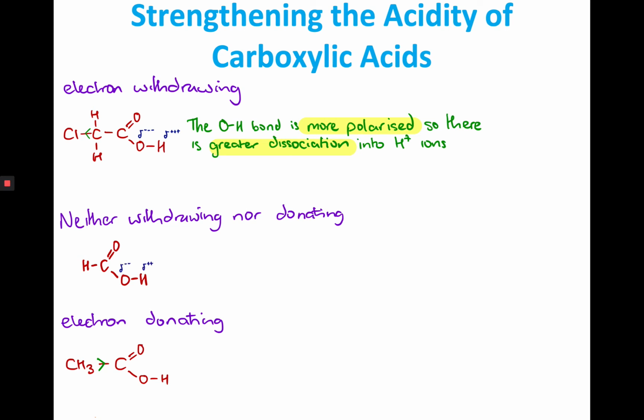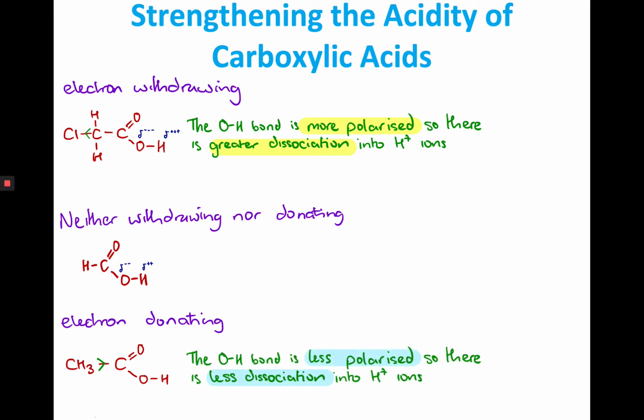With the methanoic acid, we're not talking about withdrawing or donating, so it won't be as polarized as in the 2-chloroethanoic acid, but I'm going to show it as delta minus minus and delta plus plus. And then when we look at the electron donating structure, we've got something even less polarized, so there is even less dissociation into H+ ions.